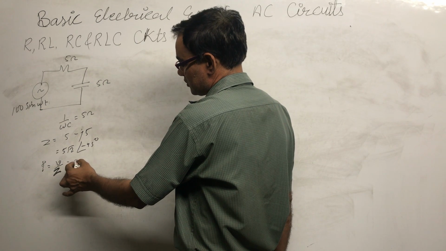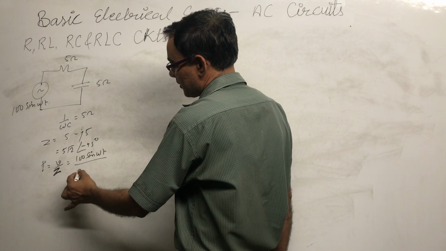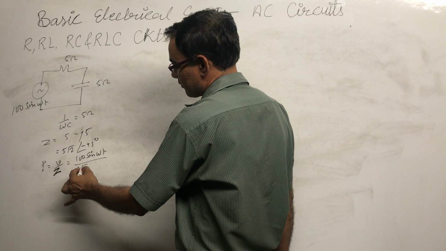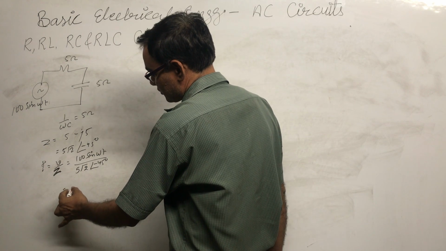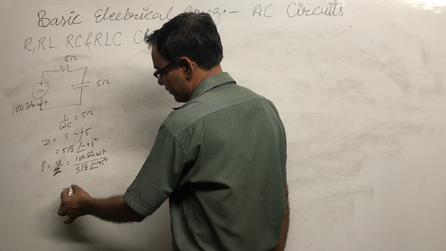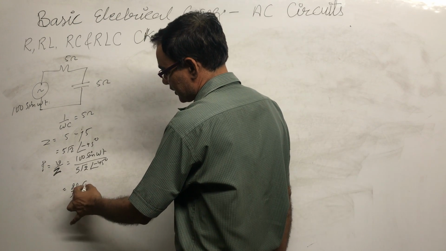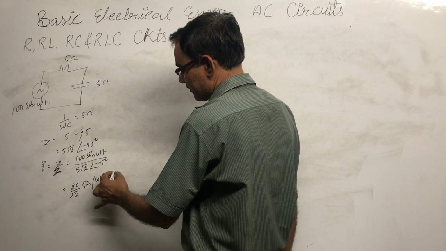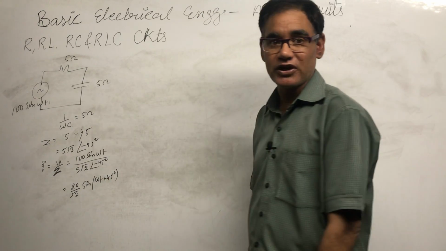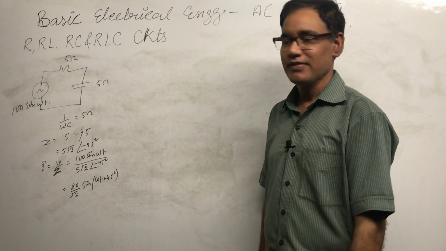So voltage is 100 sine of omega t and the impedance is 5 root 2, angle minus 45 degree. So it is equal to 20 by root 2 sine of omega t plus 45 degree. Current is leading by 45 degree. In this RC circuit, current is always leading.